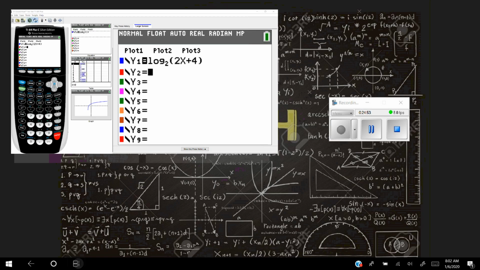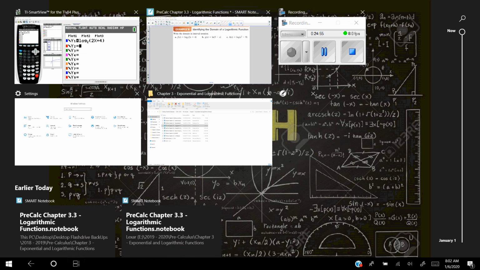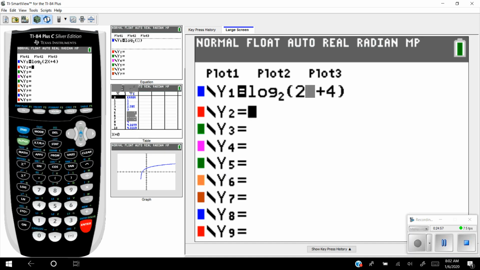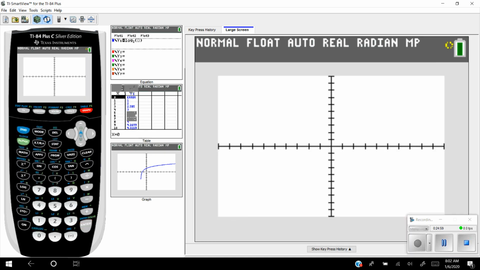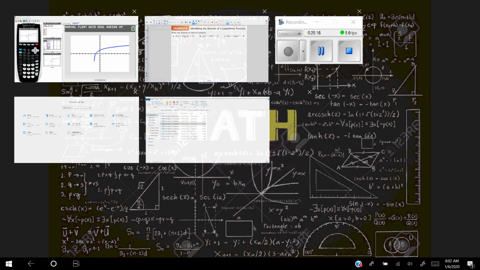Let me make sure I got that right. Yeah. Okay. So when I graph that, it appears that there is a vertical asymptote at x equals -2. So that means the domain will be everything from -2 to infinity, -2 excluded.